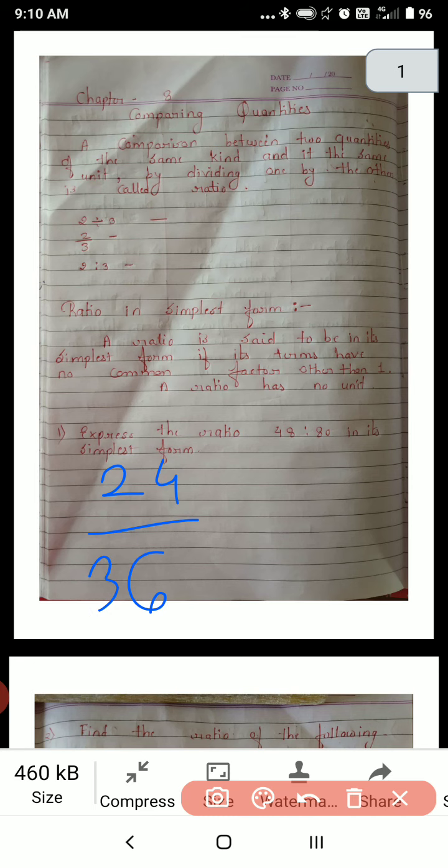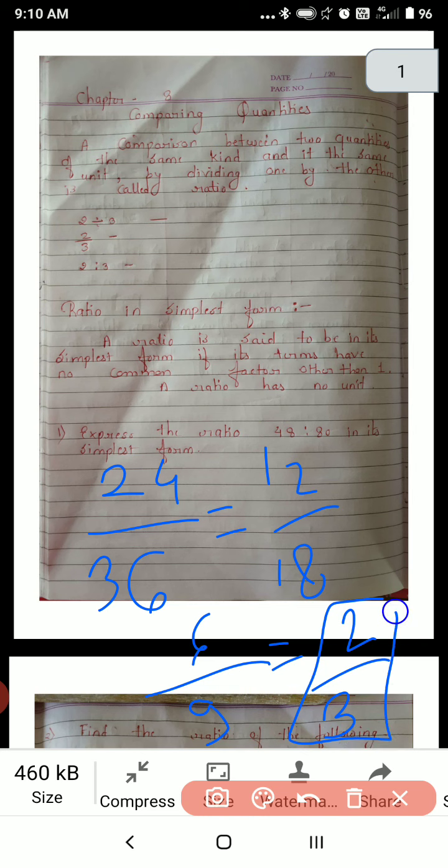When you divide it by 2, you will get 12 upon 18. Again divide by 2, you will get 6 upon 9. Now divide by 3, you get 2 upon 3. Now in the answer 2 upon 3, only one factor is common between 2 and 3, and it's 1.